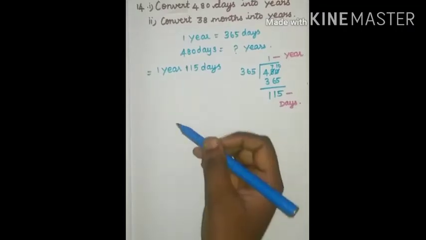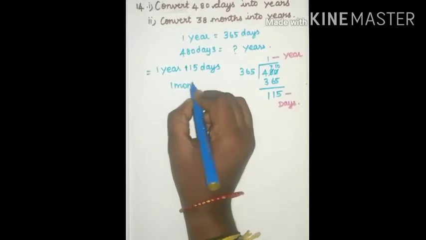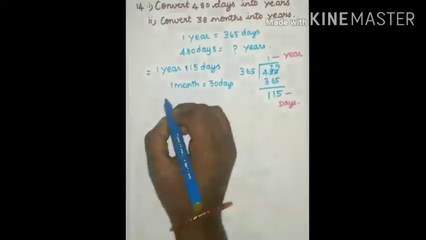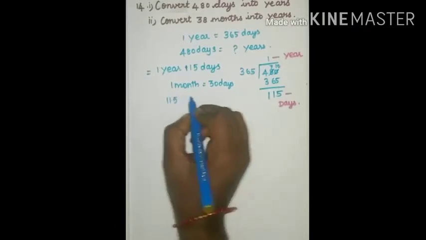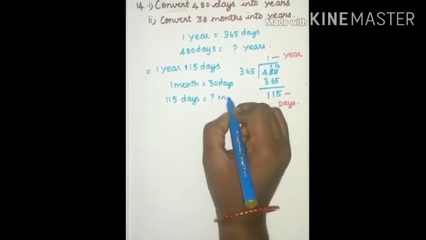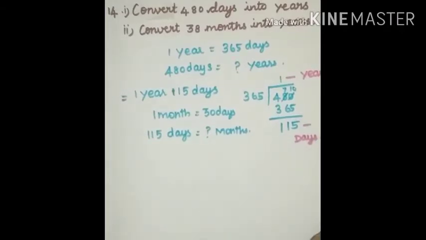So let's convert days into months. 1 month equals 30 days. We have to convert 115 days into how many months? Here we convert days into months, that is smaller unit to higher unit. For that, what do we have to do?